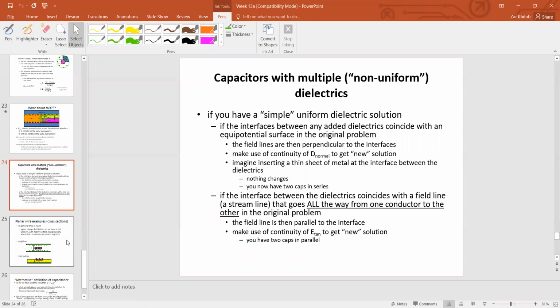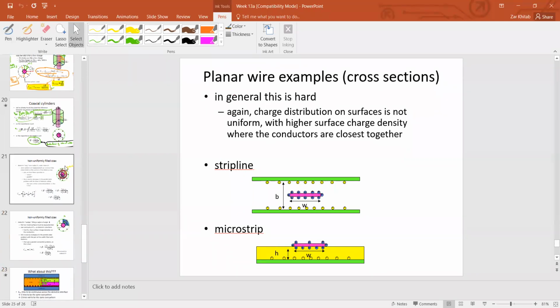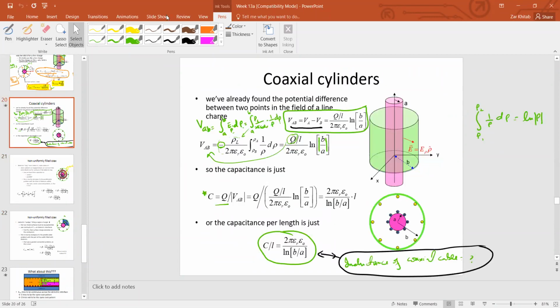So we went through the capacitance. Based on that concept, we have just like with the coaxial cable. See, this was the coaxial cable, right? This was a better coaxial cable.